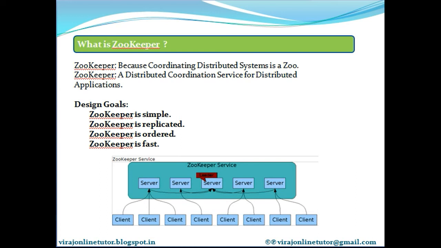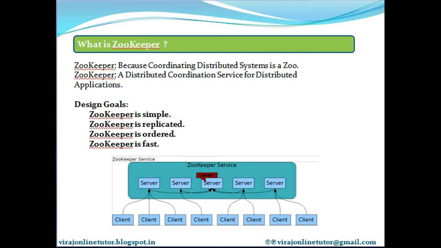Coordination services are a bit hard to get right. They are especially prone to errors such as race conditions and deadlocks. The motivation behind Zookeeper is to relieve distributed applications of the responsibility of implementing coordination services from scratch.